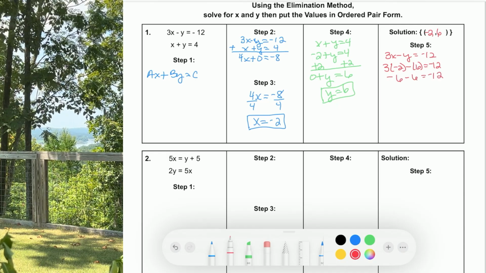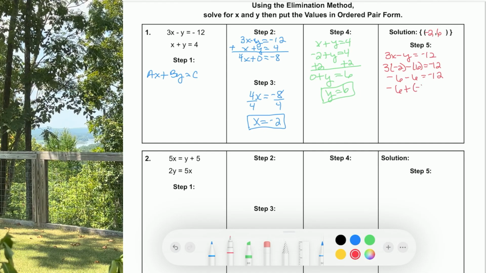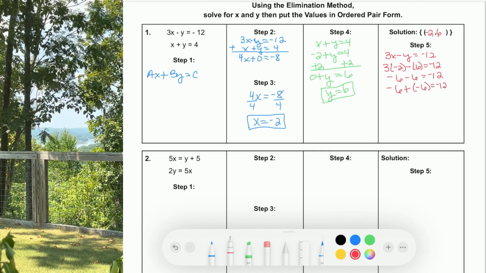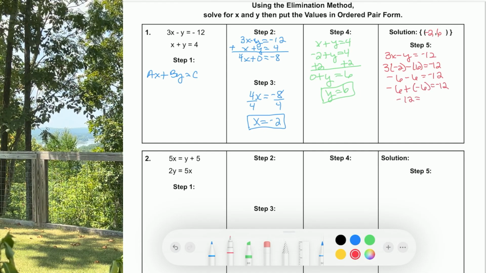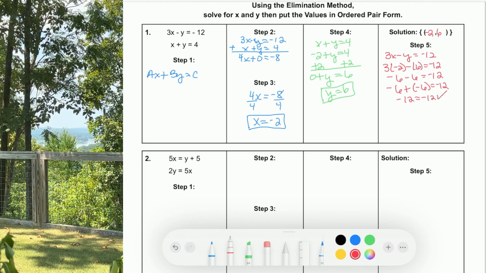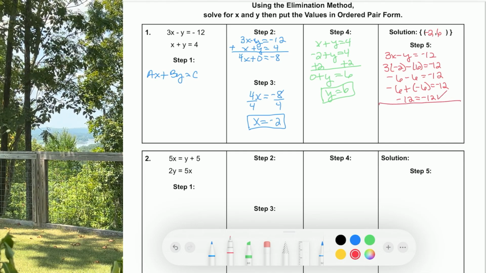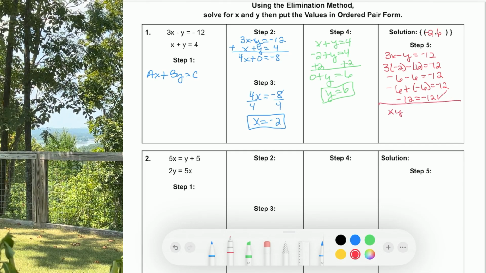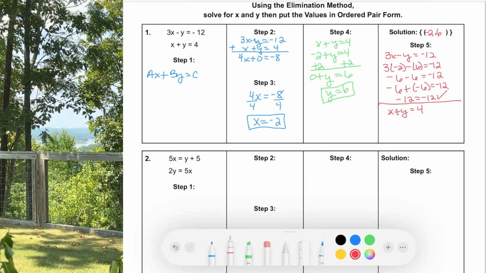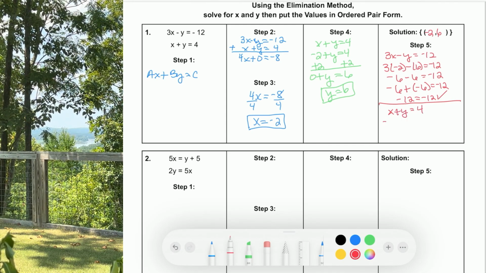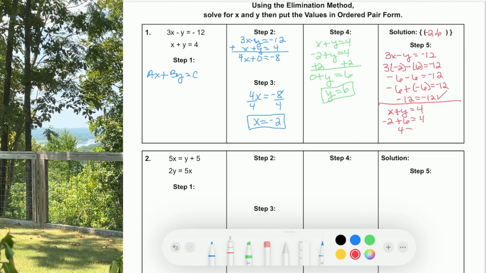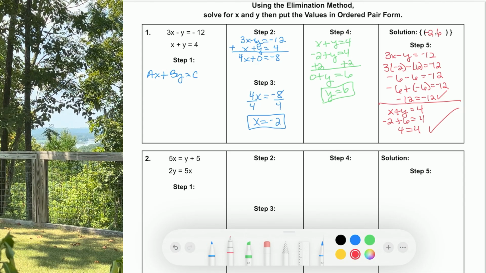I'm going to do my keep it, change, and end up with negative 12 equals negative 12. So that works out so far. Let's check the other one. x plus y, got my plus sign, equals 4. Replace the values, and we get 4 equals 4. So we have, in fact, done that one correctly.